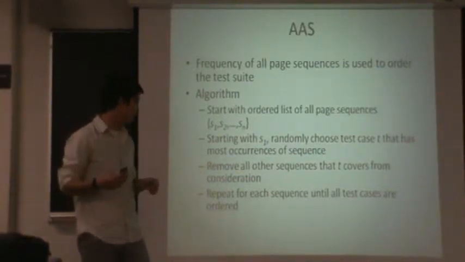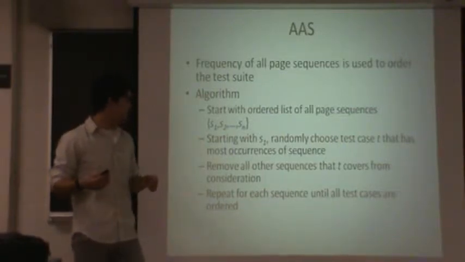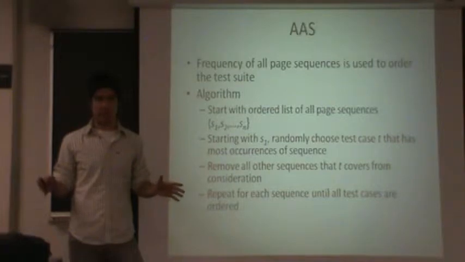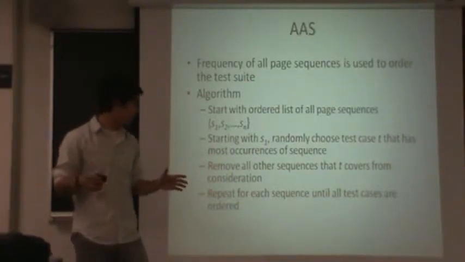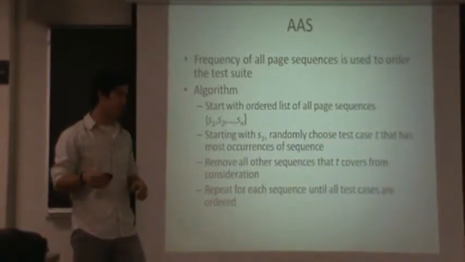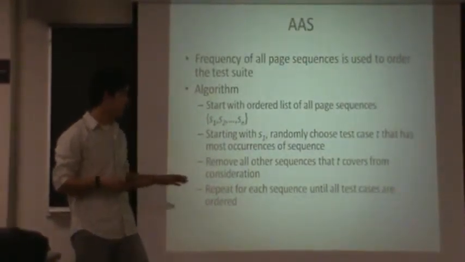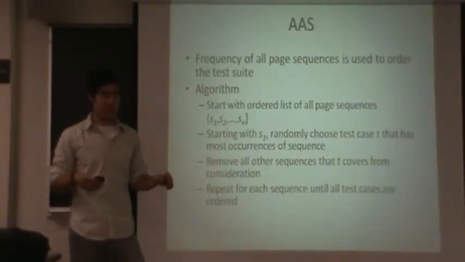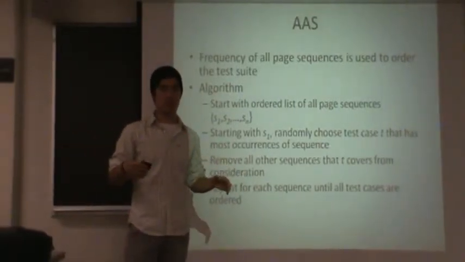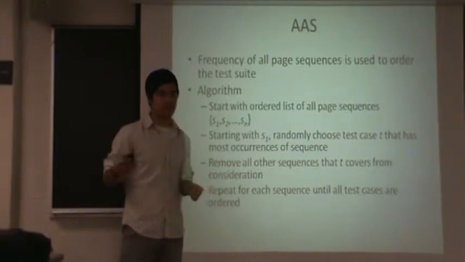Then we look at all the other sequences that test case covers and remove those sequences from consideration. Then we get the next sequence that hasn't been covered and repeat until all the sequences have been accounted for. When all the sequences have been accounted for, we randomly place the remaining test cases into the test suite.